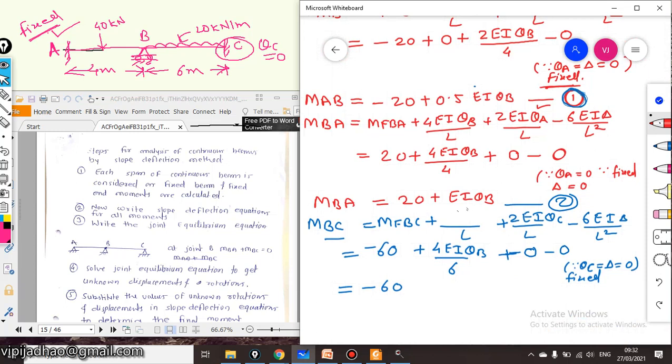So you have to take this as 4E, here you have to take twice I theta B. Again here we will have this particular value, twice E bracket twice I theta C. Here again there will be some change.